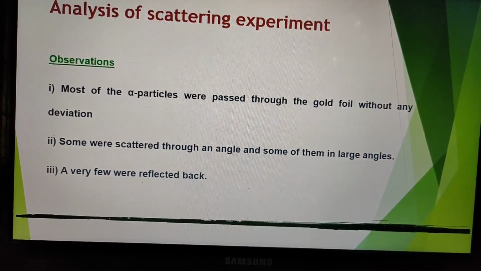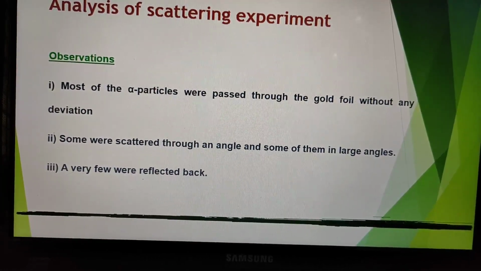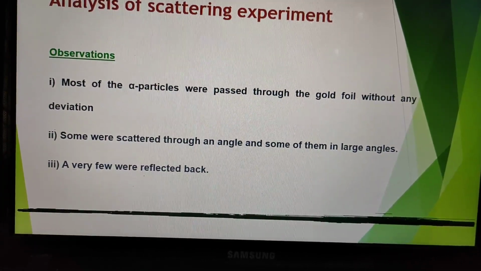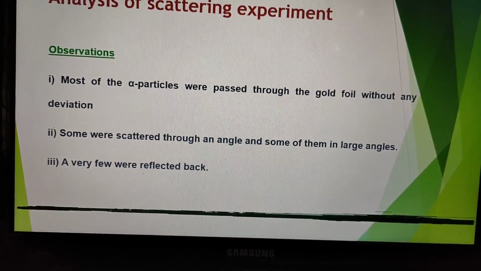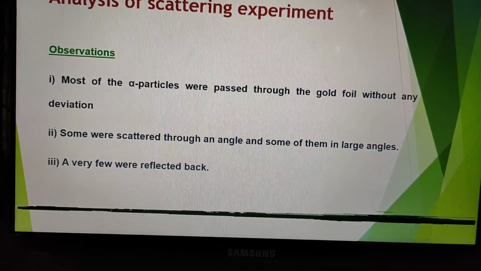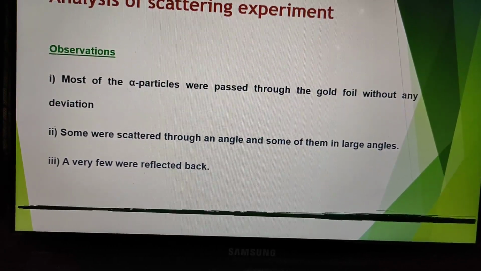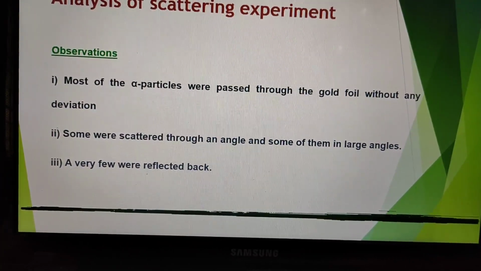The second observation is that some of the alpha particles were scattered through an angle, and some of them through large angles. And the third observation is that very few were reflected back, which means that the positive charge of the atom is concentrated in a very small volume.